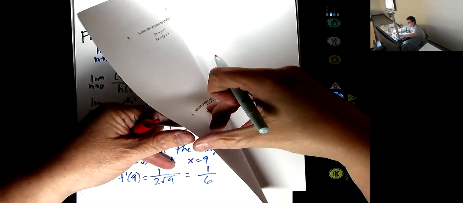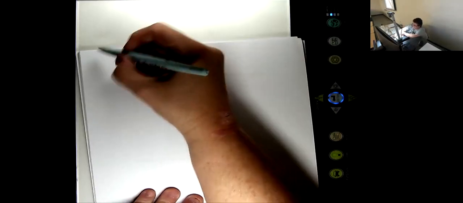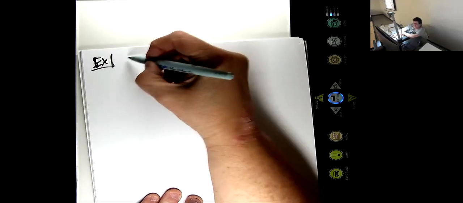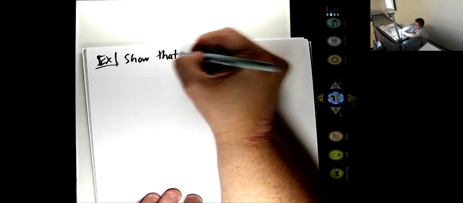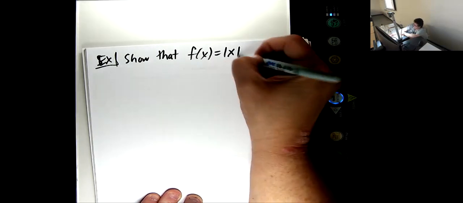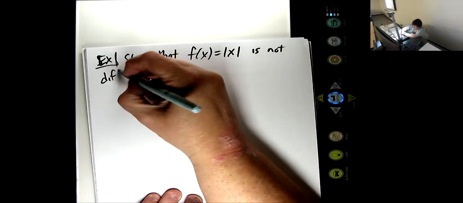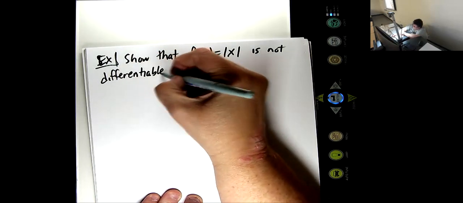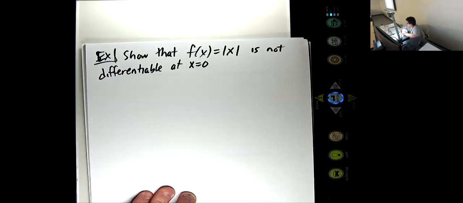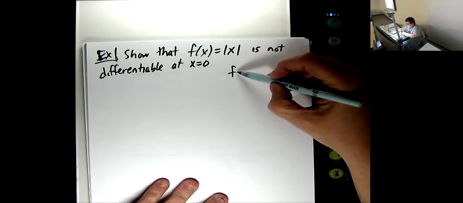And then example 4. Example 4 is show that f of x equals the absolute value of x is not differentiable at x equals 0. So f of x equals absolute value of x.